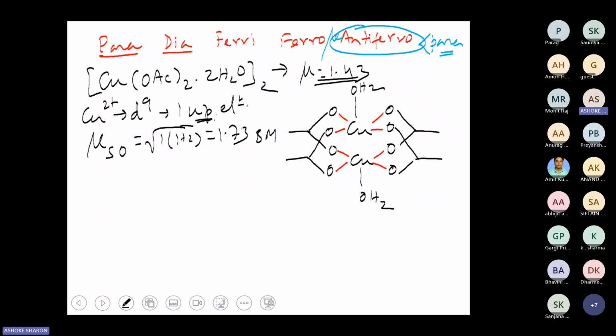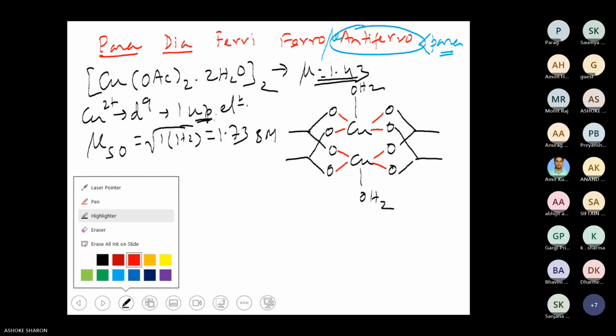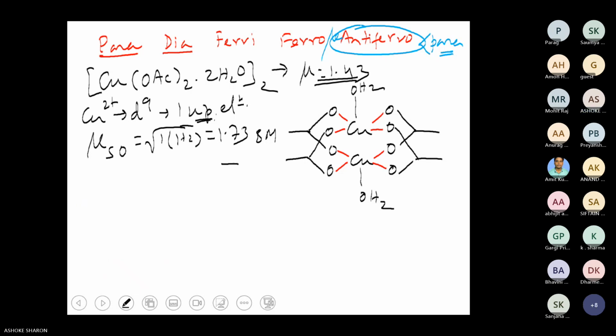So it is something like this, where this one is CH3COO. This means it is an acetate ligand.